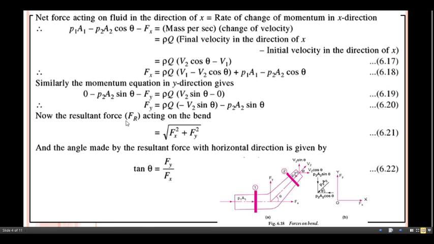Now my target is to get the value of the resultant force. Once we get the summation of all the forces along the x direction and all the forces along the y direction, we can easily get the resultant force Fr acting on the bend by using this formula, square root of Fx² + Fy², and the angle made by the resultant force with the horizontal direction is given by tan θ = Fy / Fx. Simple one.